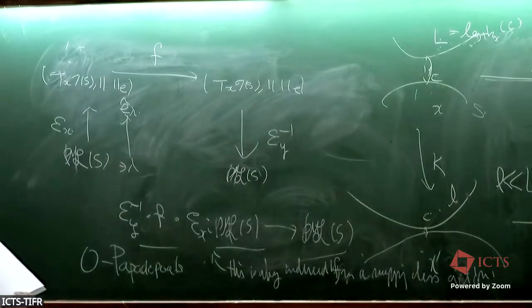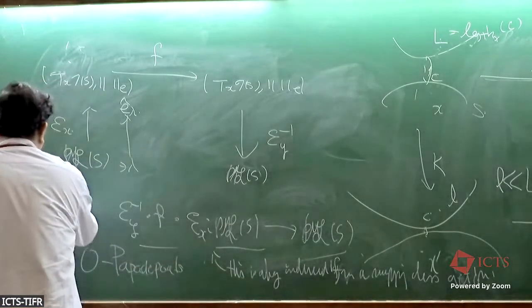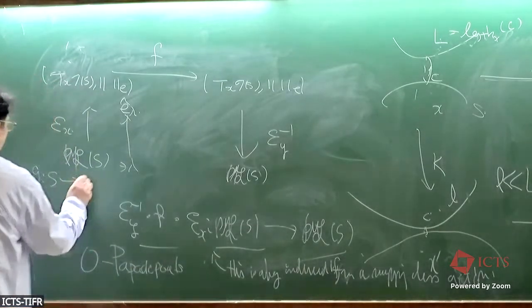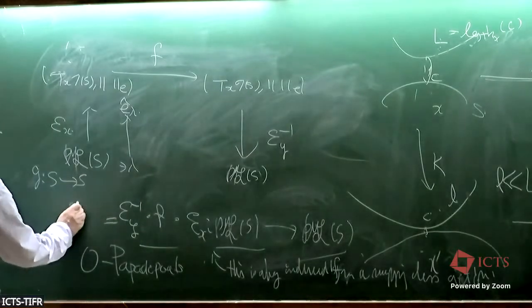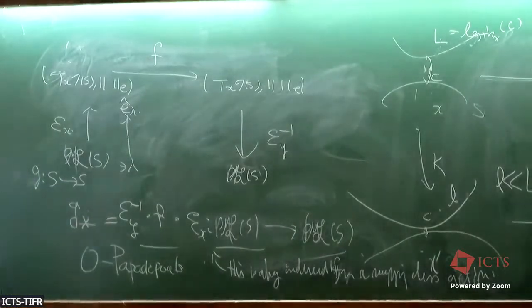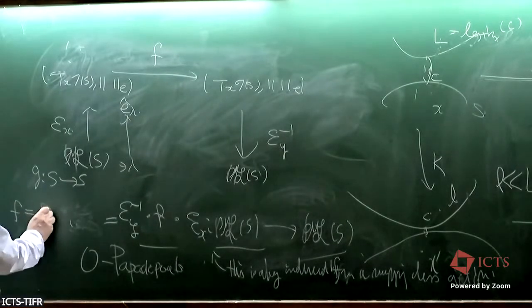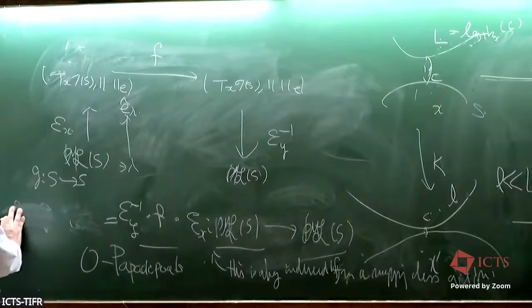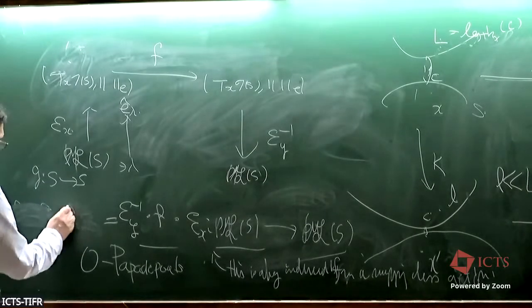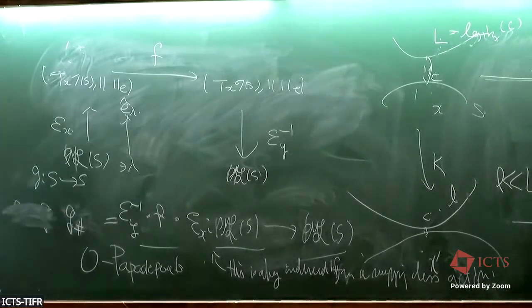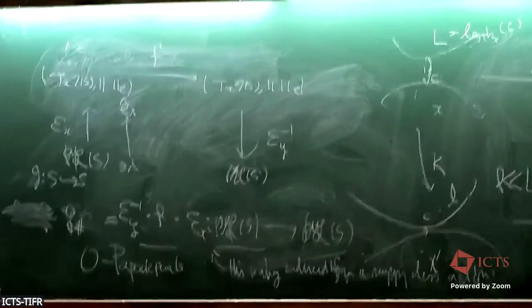So we have some G from S to S such that F induces this map.